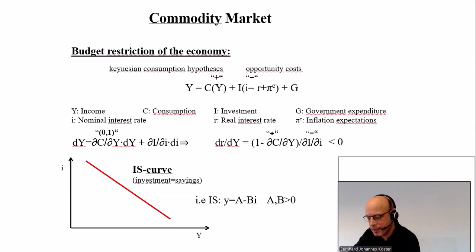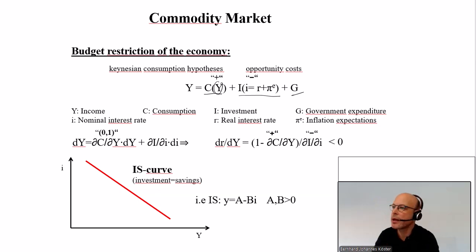This was consumption plus investment plus government expenditure, where we said that consumption in general is positively dependent on income. This is the argumentation via normal goods.